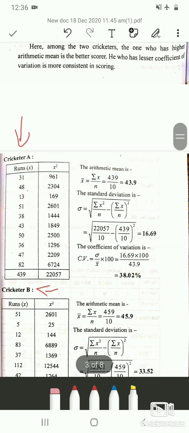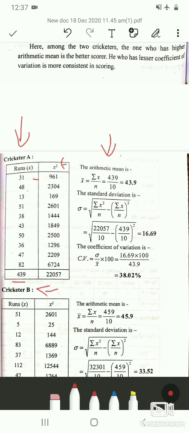So write down those runs, which is nothing but your x, and this is your summation x, and square the individual values, so you'll get your x square. So we need x square to calculate standard deviation. So the arithmetic mean formula is x bar is equal to summation x divided by n. So here n is 10 because there are 10 innings.